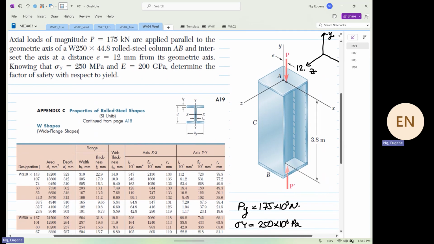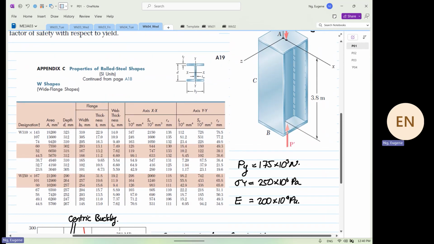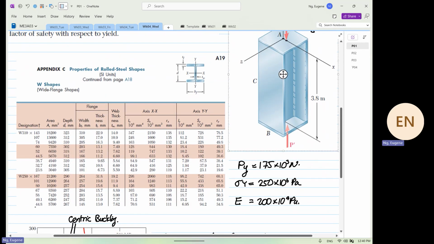We have a lot of hundreds and the steel, and the geometry that we're going to use is the W250 44.8. So we have to focus on the W250 44.8.